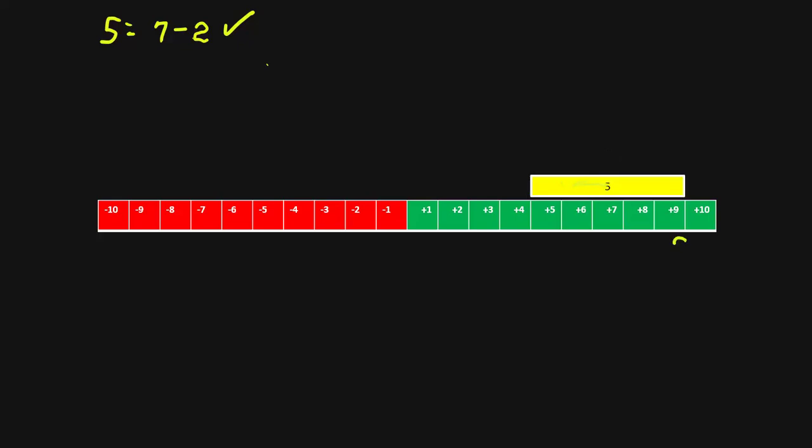And I'll write the 9 here and the 4 here. Now based on what we did with 5 equals 7 subtract 2, I'd like you to write an equation that relates 4 and 9 and 5, a subtraction equation, please. I'll give you a couple of seconds to do that.